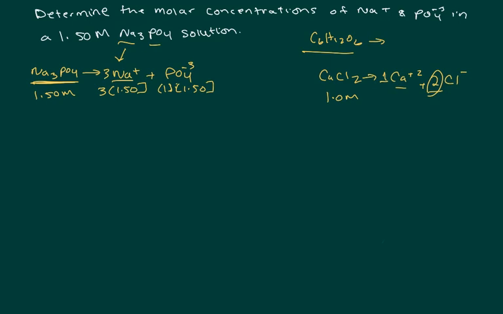So now I have 4.5 molar of the sodium ion, and notice I put brackets around the sodium cation to indicate the concentration. So if you see brackets around something, that means the concentration of the sodium cation. And here my phosphate anion is still going to be 1.5 molar.